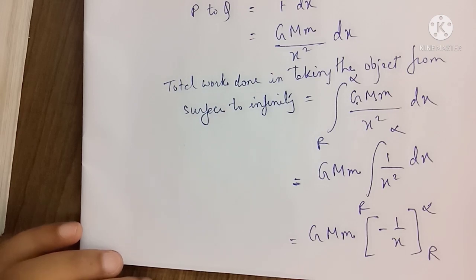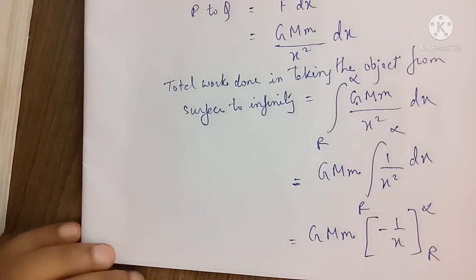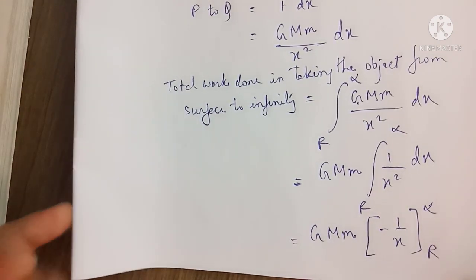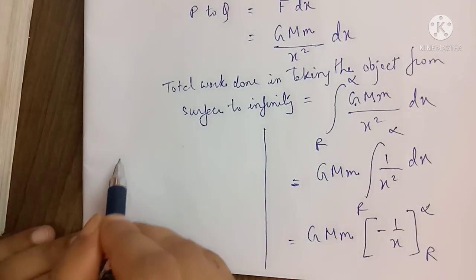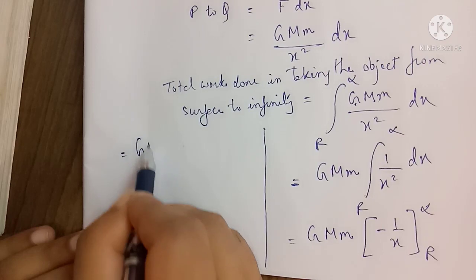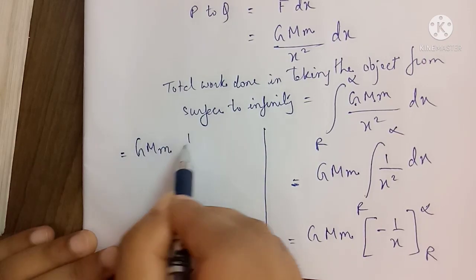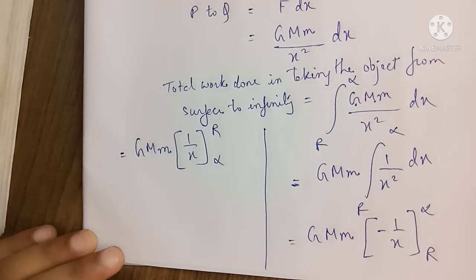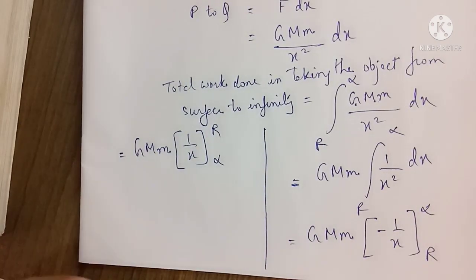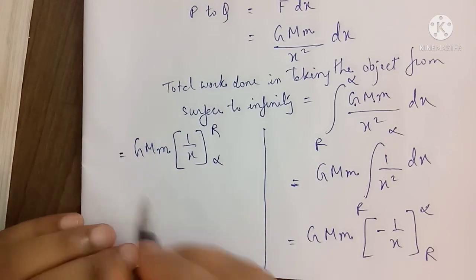Now we can make this r infinity and remove this minus sign. So from this we are continuing. So it is equal to GMm 1 by x, r infinity. We are removing the minus sign and we are interchanging the limits.